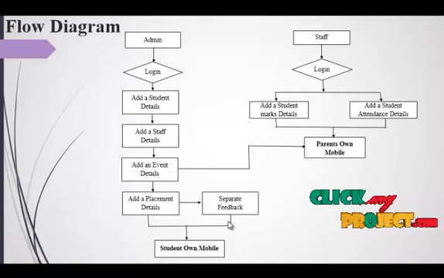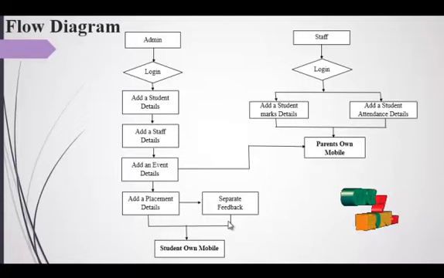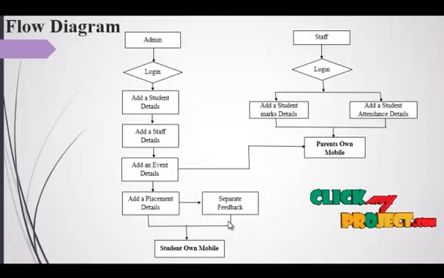It can reduce the traveling cost and also the time for parents to come to the college for verifying his or her own child's details. A student can easily find out the separate reports as well as the placement details through our own mobile number.